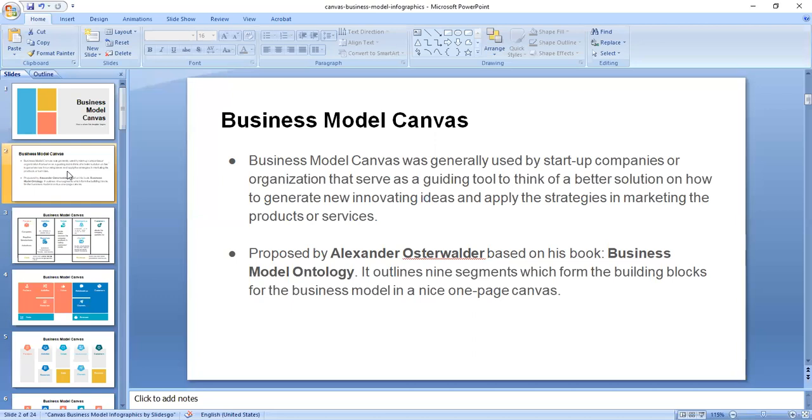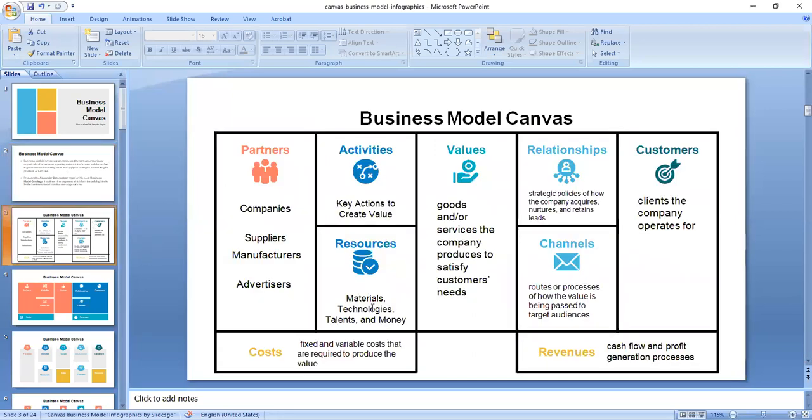There are several templates available online. Google has a lot of templates regarding BMC, and I've placed here some samples which, based on my assessment, are easy to follow. I find this one simple, but everything is already there.